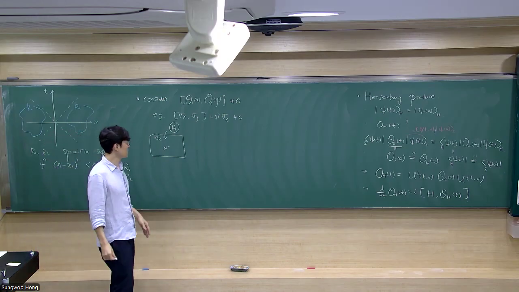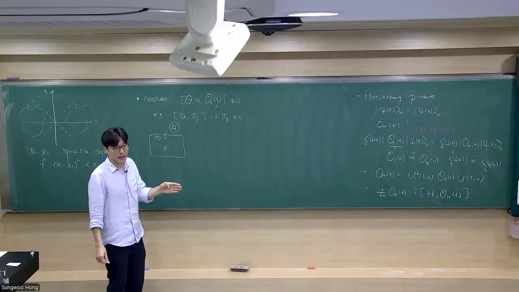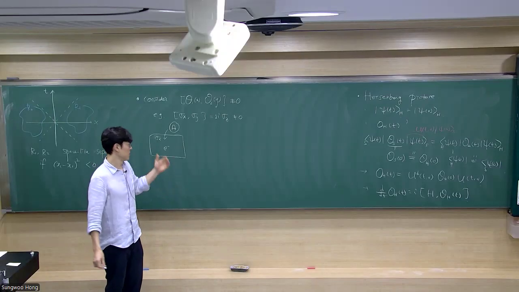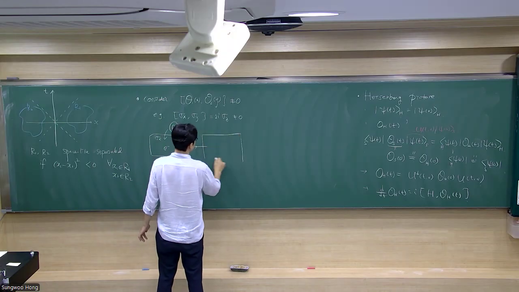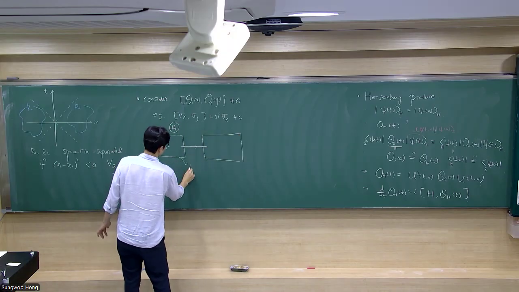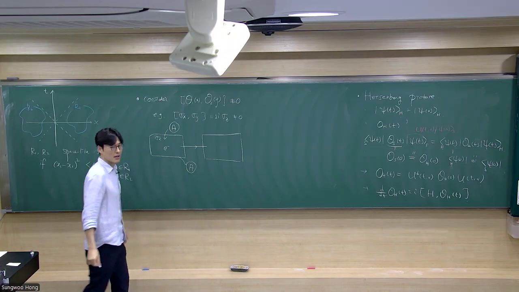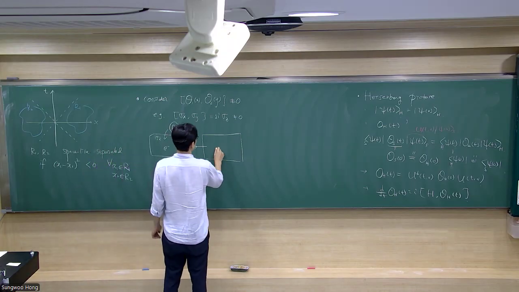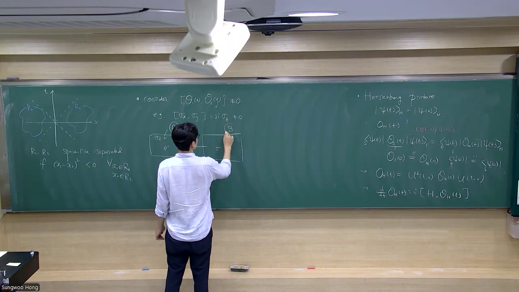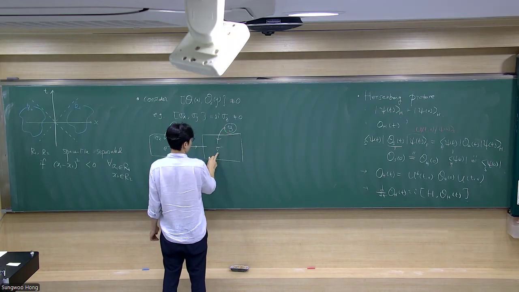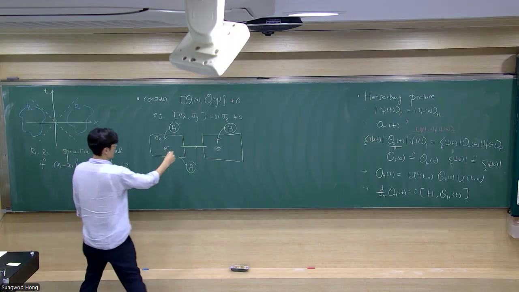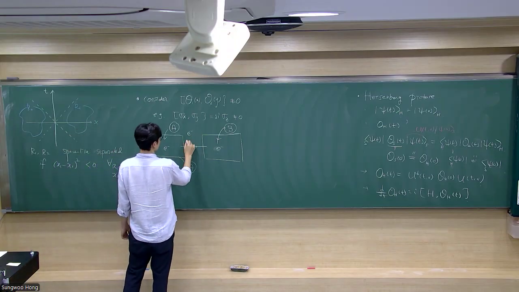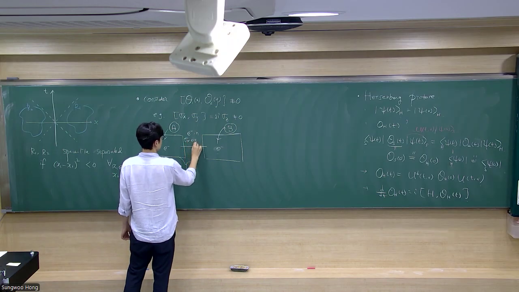Then after the measurement, obviously, the electron will be in the sigma X eigenstate, right? Good. Then Alice walked out. Okay? And then soon after, Bob walked in. So here, the electron is in the sigma X eigenstate.